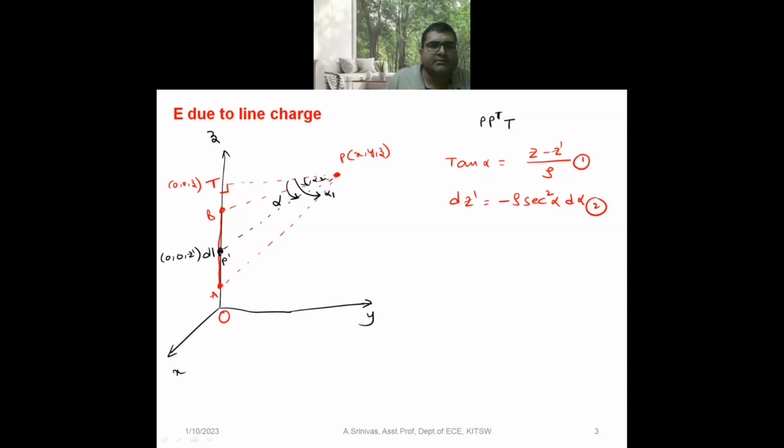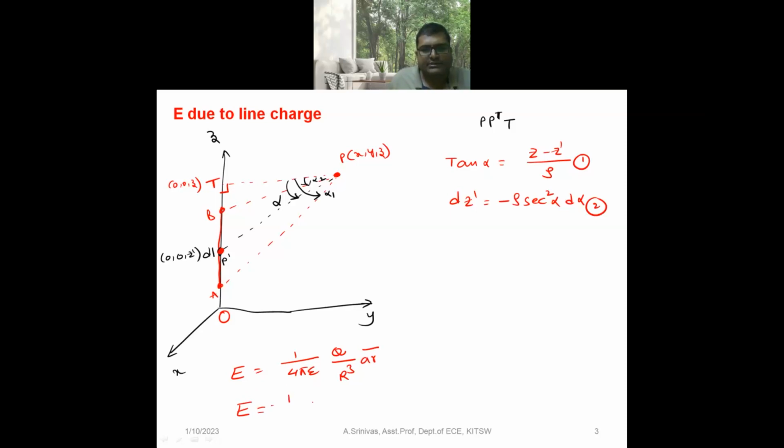We considered the differential element at P dash, and the general equation for electric field is given by 1 by 4 pi epsilon q by r cube ar bar. It is a general equation. Now here in this case we are supposed to calculate the electric field due to line charge.